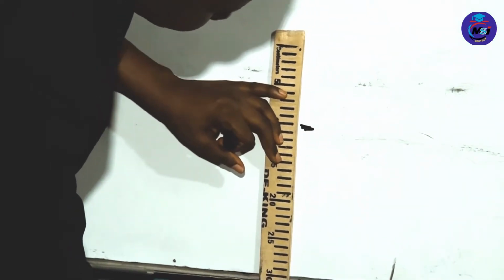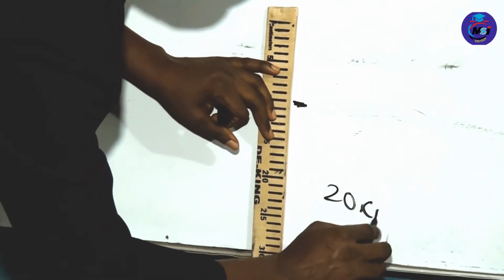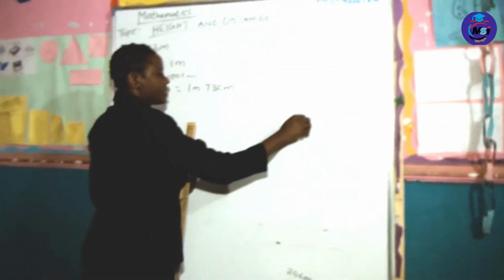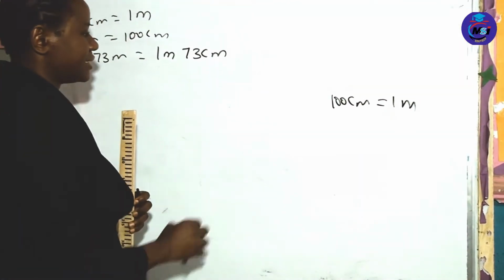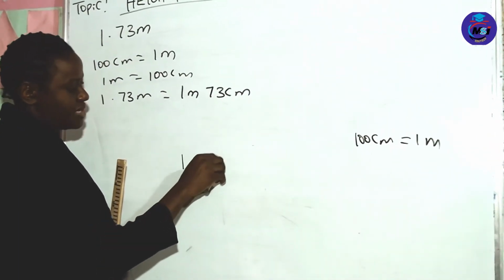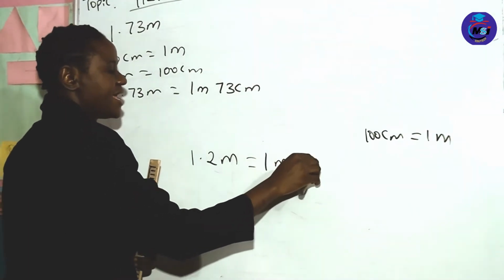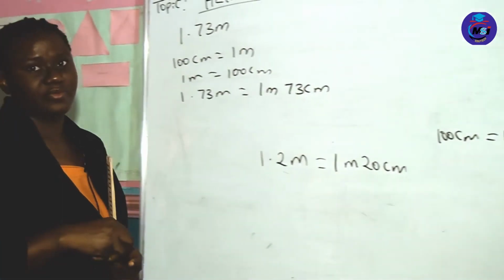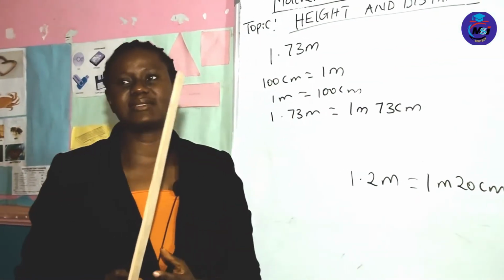This is 20 centimeters. The previous one was 100 centimeters, which is 1 meter. So I can say this whiteboard is 1.2 meter, that is 1 meter 20 centimeters. Do you understand that? So we measure heights, we measure distances.